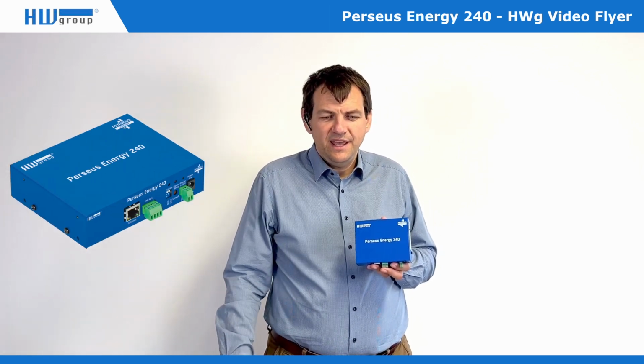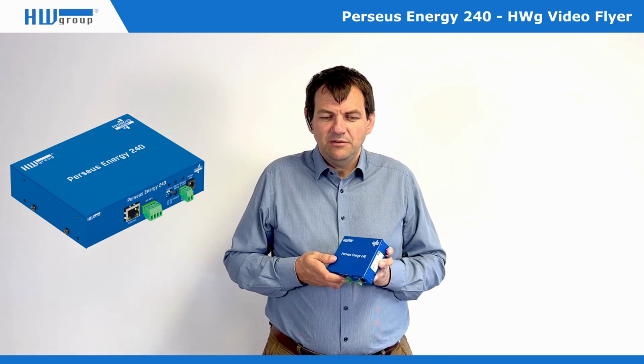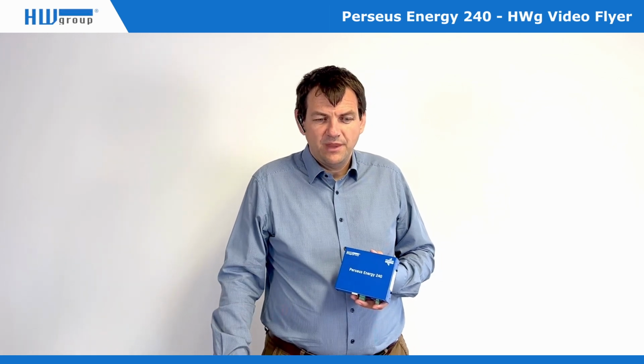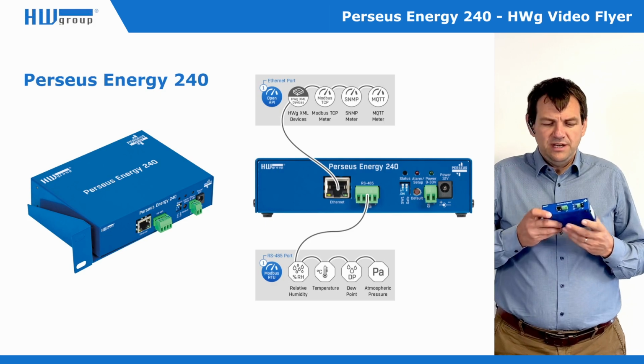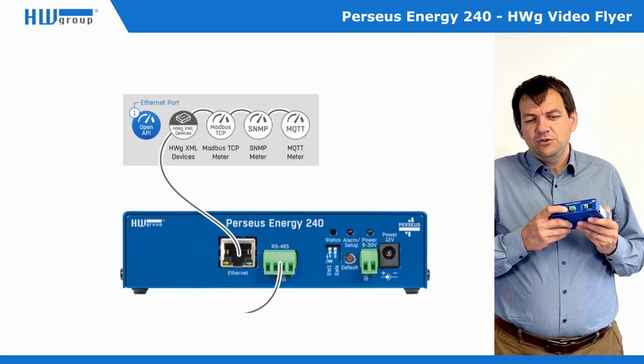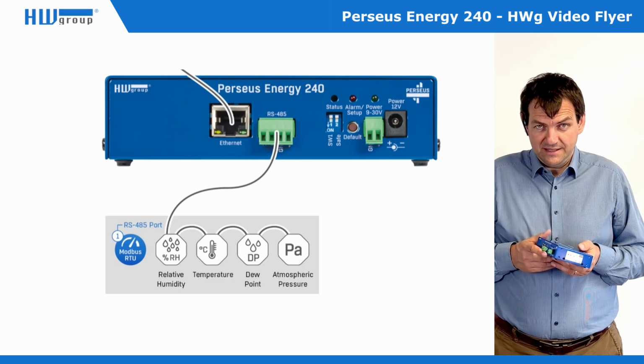It's basically the smallest device from the Perseus family, and we will talk about the applications now. Fine. So Perseus Energy 240 can be connected to the network and to the RS-485, which is basically the Modbus RTU sensors.